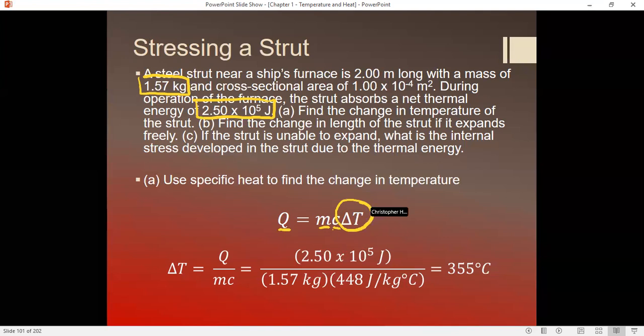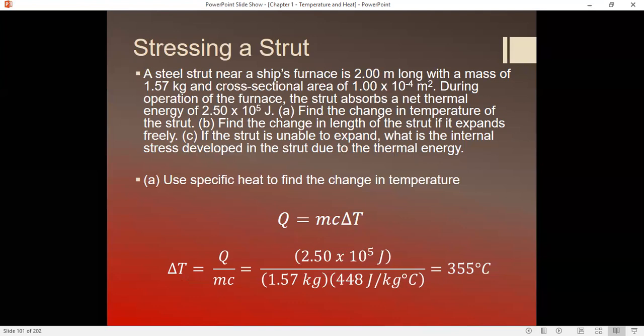So we're going to solve for delta T here. Okay, let's divide both sides by MC. This cancels out with this, cancels out with this. We're left with delta T is equal to Q over MC.